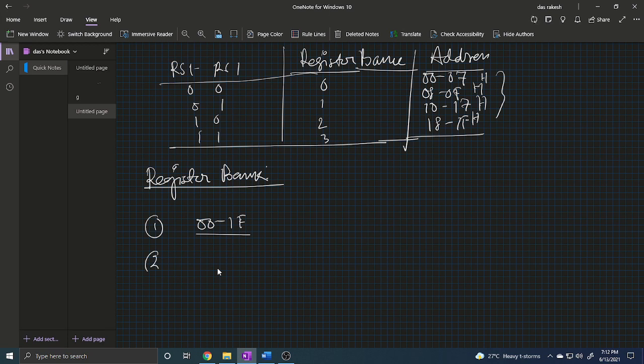Next, a total of 16 bytes from location 20 to 2F are set aside for bit-addressable read-write memory. And number 3 is very important. A total of 80 bytes from location 30 to 7F are used for read-write storage, or what is normally called scratchpad memory.